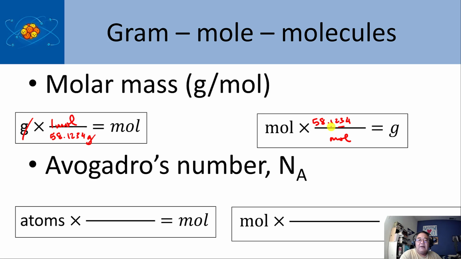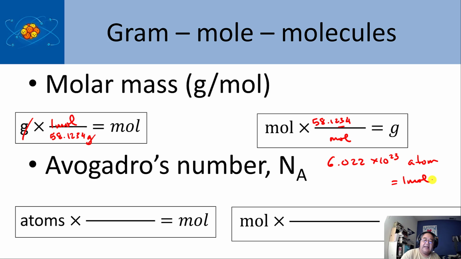Now, if you remember, Avogadro's number is the number of atoms in a mole, or molecules in a mole. So it's 6.022 times 10 to the 23rd atoms, for example, per mole of atoms. And it can also be used as a conversion factor.